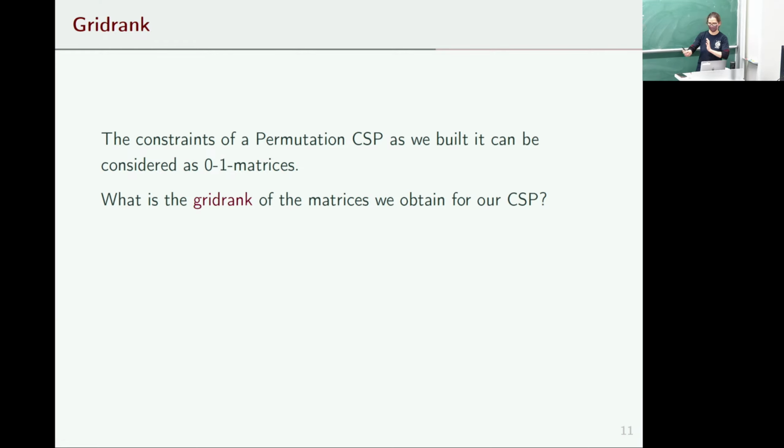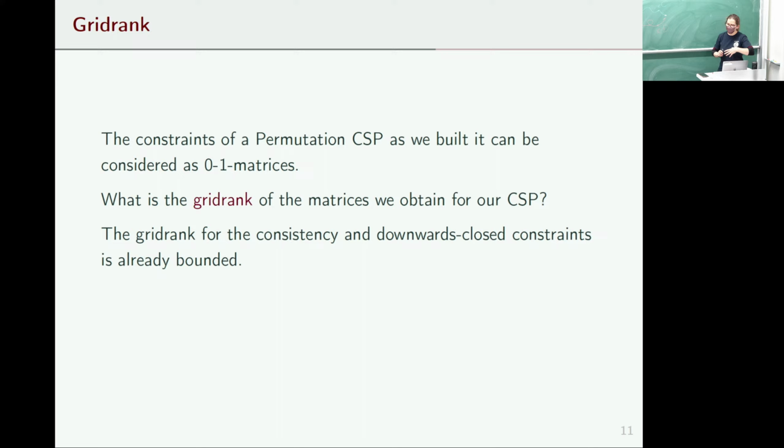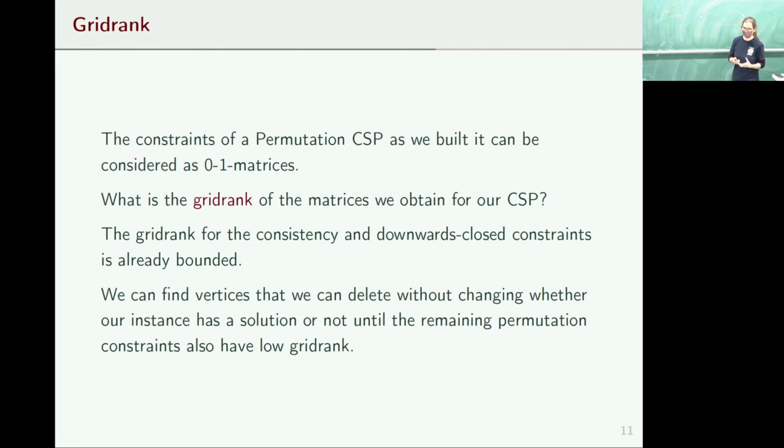I will explain in a minute why we consider the complexity as grid ranks of matrices, but you might already guess. And I get that the consistency and downward closure constraints are bounded and I'm fine, but the permutation constraints, those are harder. For those, I do not have that they have a bounded grid rank yet.